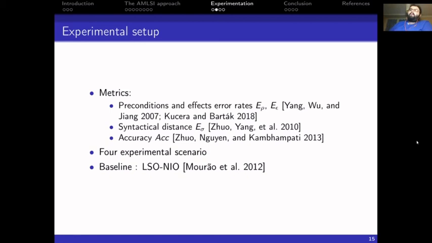We compare AMLSI with the LSNO algorithm, which is the algorithm with the most similar inputs. And we test AMLSI with 4 different experimental scenarios with complete and partial observation, with noiseless and noisy observation.